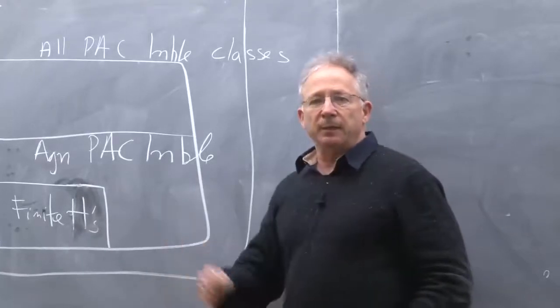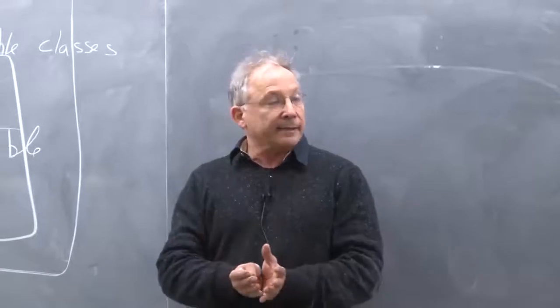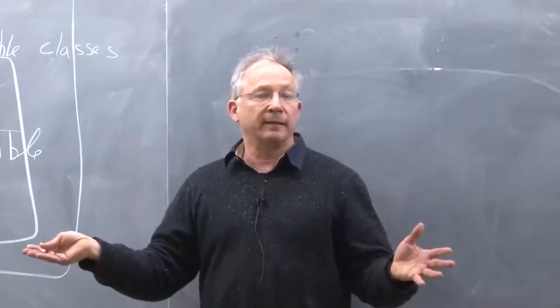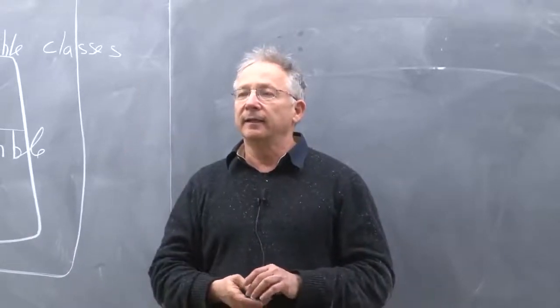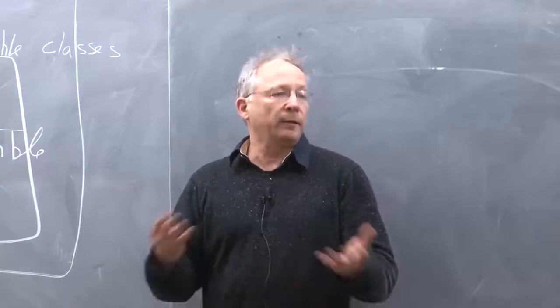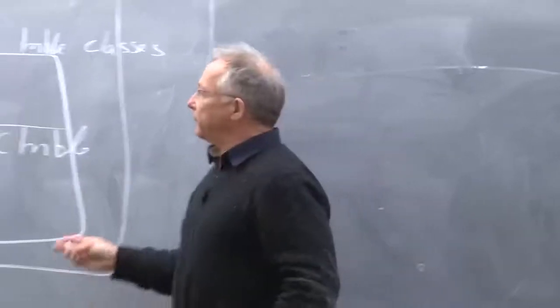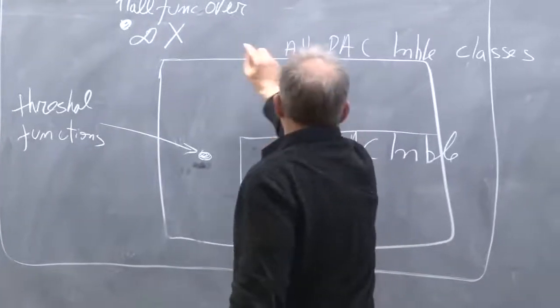The things that are learnable by ERM, is it potentially fewer classes that are learnable or more classes that are learnable? It's going to be a subset, because if it's learnable by ERM, in particular, it's learnable. So we can talk about what is learnable by ERM.